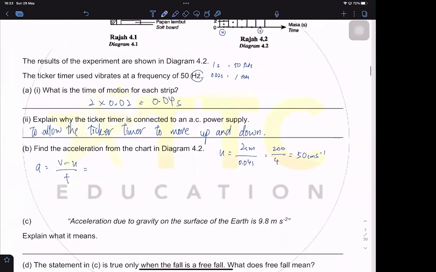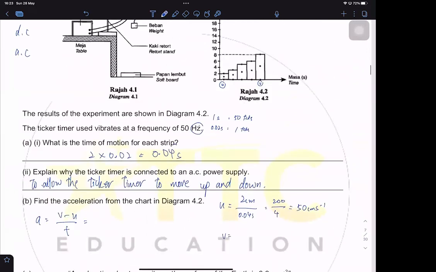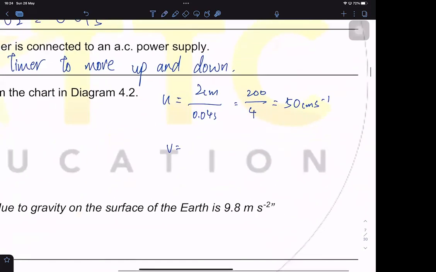Now I calculate the V using the last strip. How long is the last strip? The last strip is 8 centimeters. So the distance is 8 cm divided by the time taken for that strip, which is still 0.04 seconds. So 8 cm divided by 0.04 is 4 times this answer.